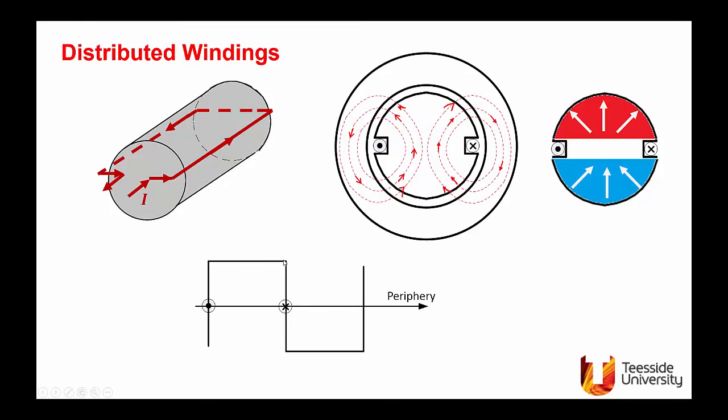Then you reach this point here, it goes down to 0. This is the other coil side. Beyond this point, you find that the flux is pointing the opposite direction. This point here is this one there. We just went around the circle.